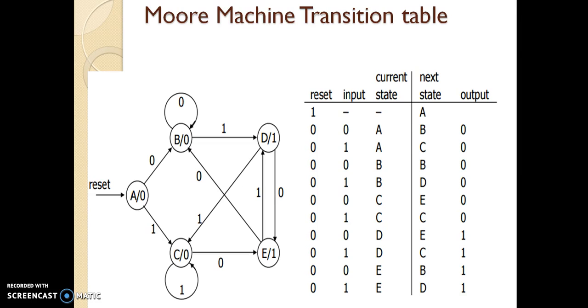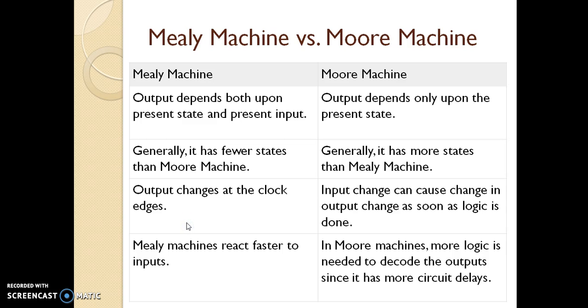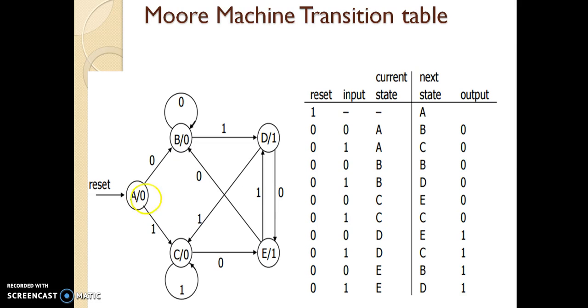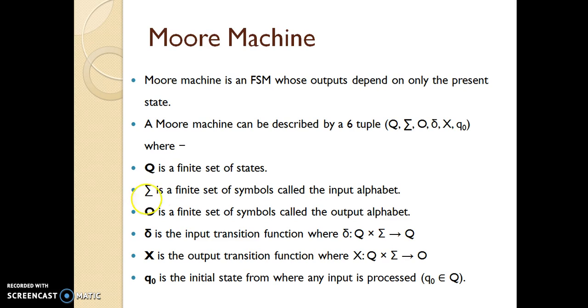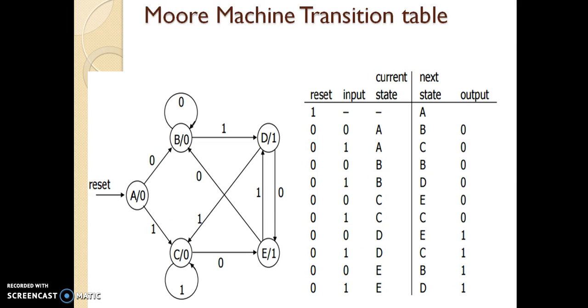Now this is an example for a Moore machine where you can see, if you remember the Mealy machine, in Mealy machine output is associated with each input separately. Whereas in Moore machine, the output is associated with state only, because Moore machine is the FSM where output depends on only present state.